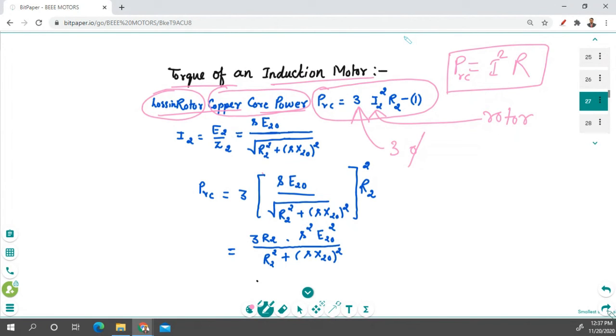For 3 phase we consider this 3 right here, and for the rotor side we consider the notation 2. For the resistance we also consider the notation 2 for the rotor side. Have you understood how we have written this power across the copper core power? Okay, quickly give your response. Have you understood?